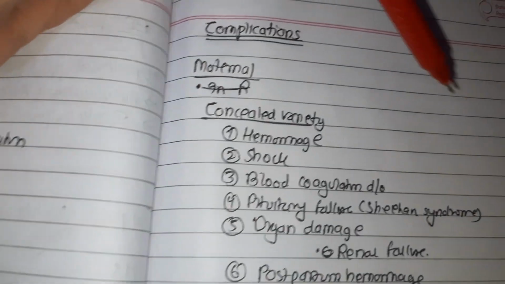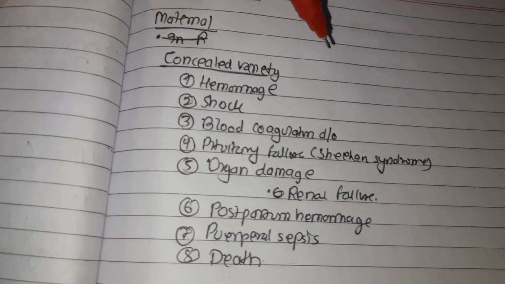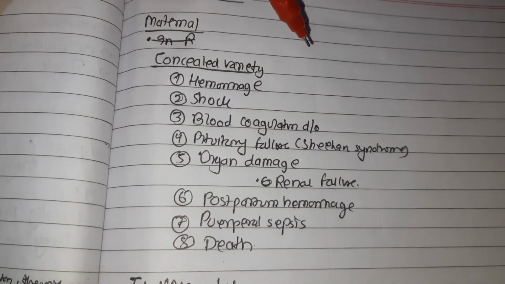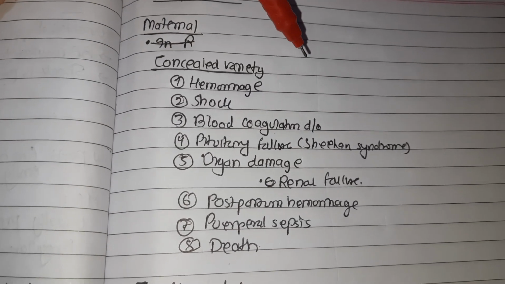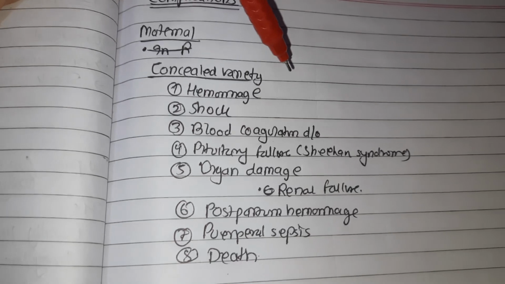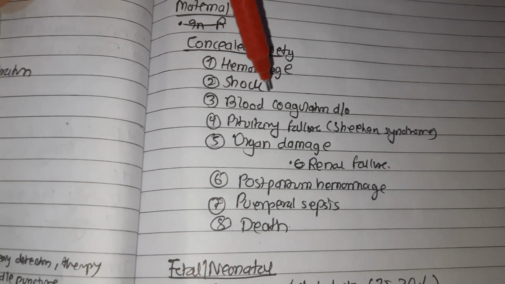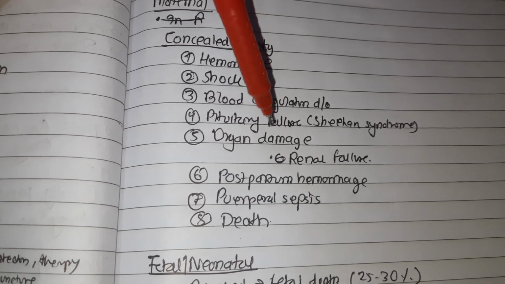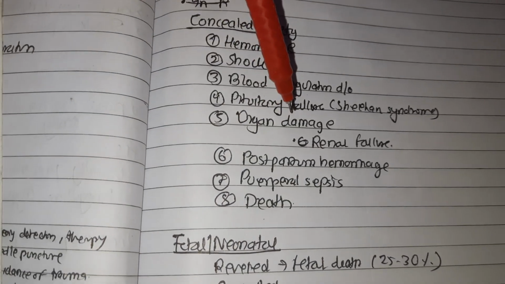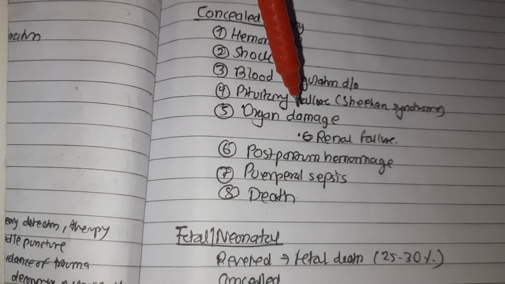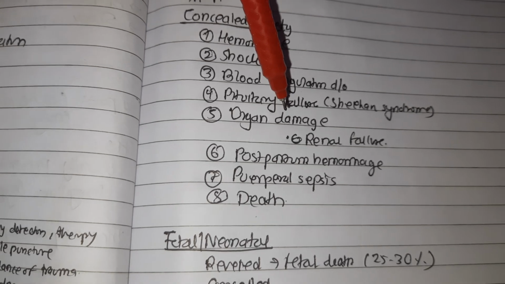The shock may be out of proportion to the blood loss, and then the need for cesarean delivery, need for blood transfusion and amniotic fluid embolism is very high. And there is blood coagulation disorder, consumption coagulopathy, pituitary failure, Sheehan syndrome, and organ damage like oliguria and renal failure, due to hypovolemia.